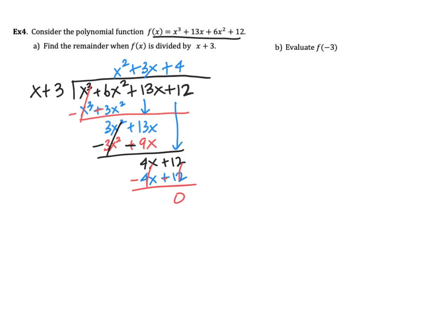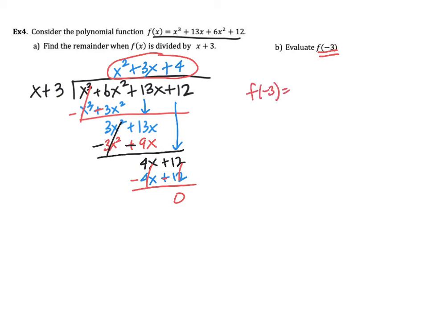All right, so this time when you did your long division, you should have gotten a remainder of 0. So x cubed plus 6x squared plus 13x plus 12 divided by x plus 3 resulted in just x squared plus 3x plus 4. So x plus 3 divided into that evenly, and it had a remainder of 0. So what happens with part B if we evaluate f of negative 3?